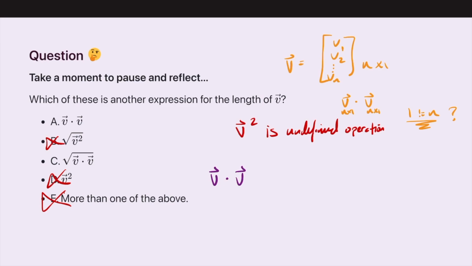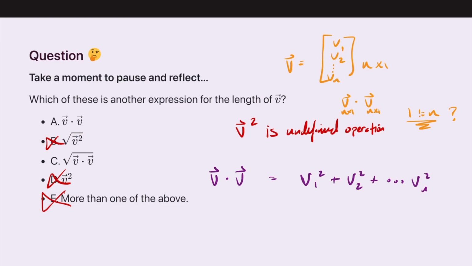If we multiplied across, we would have the first element of v multiplied with itself, plus the next element in v multiplied with itself, for all elements in v.